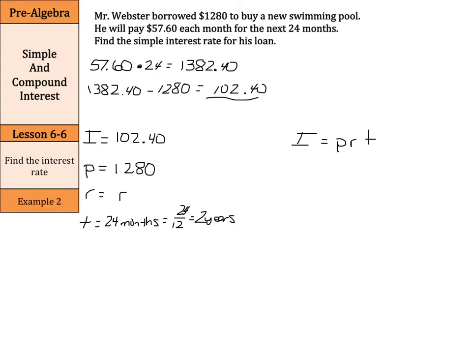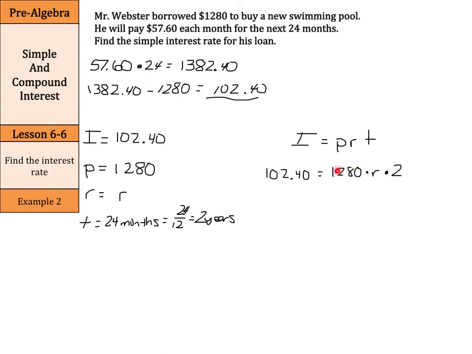So now we have all the information we need. We can put $102.40 in for the I. We borrowed $1,280. We're looking for the rate, and our time is 2 years. Be careful not to put that 24 months in. It has to be in years, so 2 years.